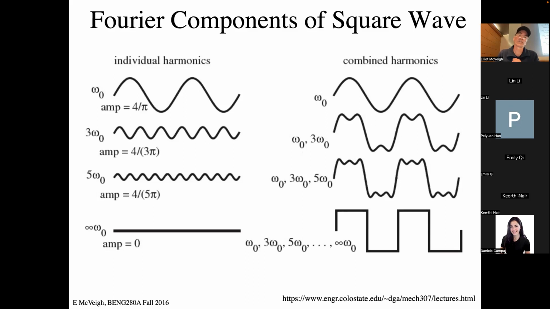So let's ask the question, how much does this function look like a sine wave, right? And we perform that integral and we get values at different kx or different frequencies.